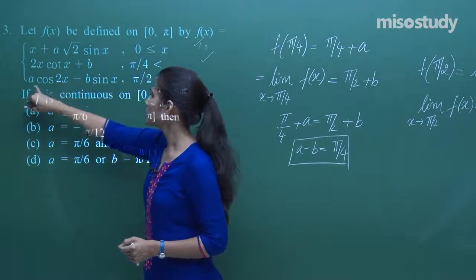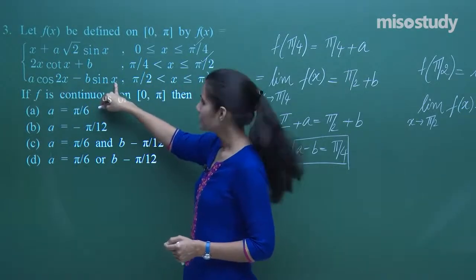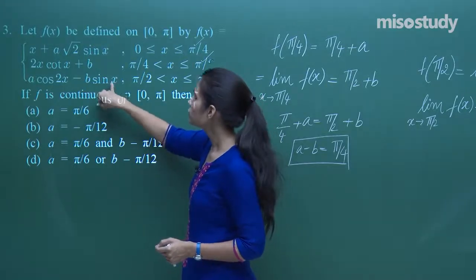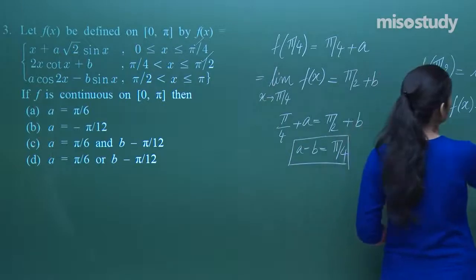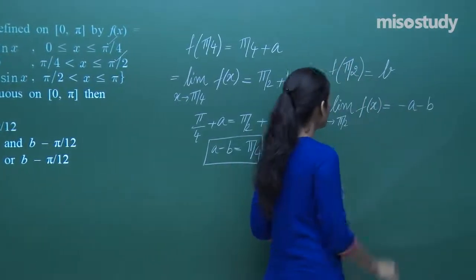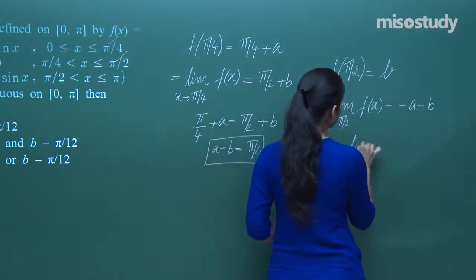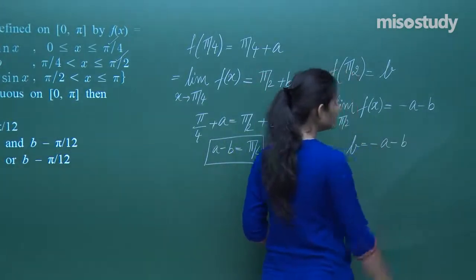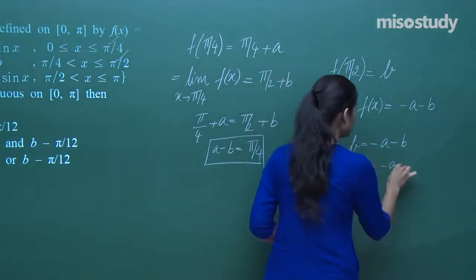Cos pi is minus 1, so this is minus a. And sin pi by 2 is 1, so this is minus b. So minus a minus b. Again, both of these are equal because the function is continuous at pi by 2. So you are getting b equals minus a minus b.